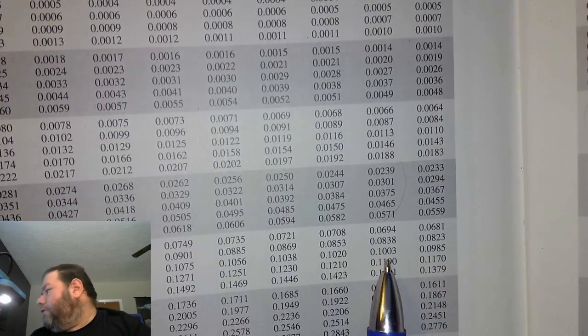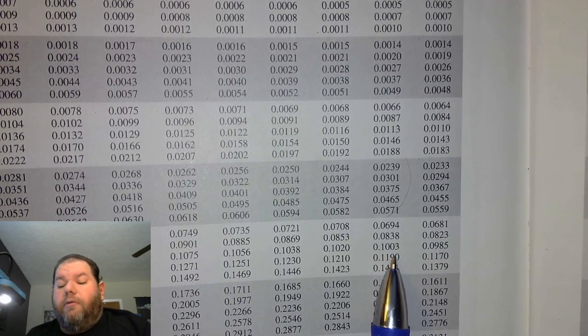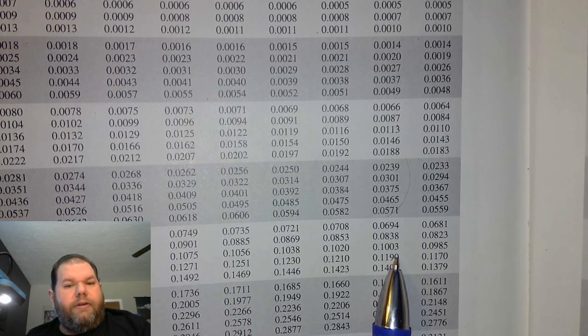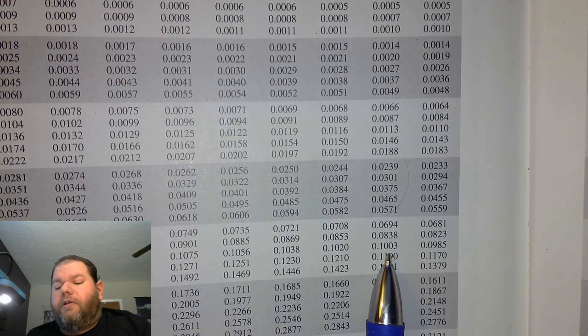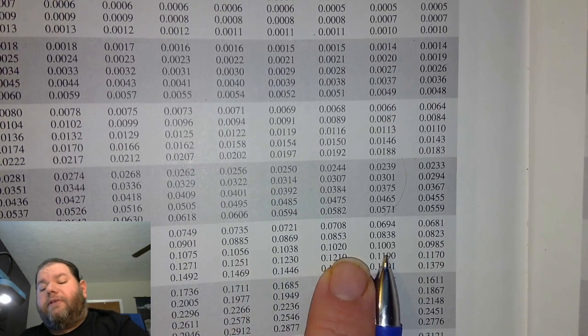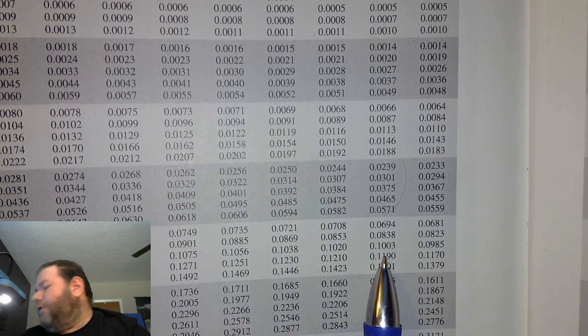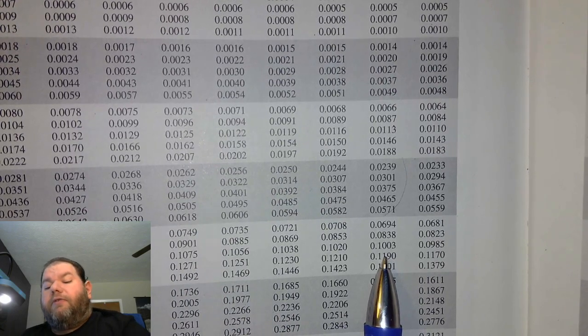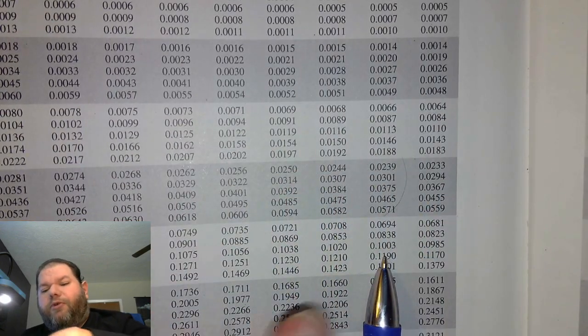So right here we see this is the closest we can get to 0.1000. This is slightly more than 10%, 10.03%. And so what we want to do is look up that z-score. So we go to the left. This is negative 1.2. If we go up, it's the next to the last column, so it's negative 1.28.